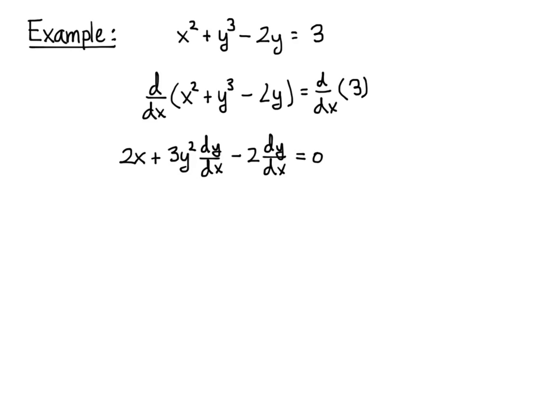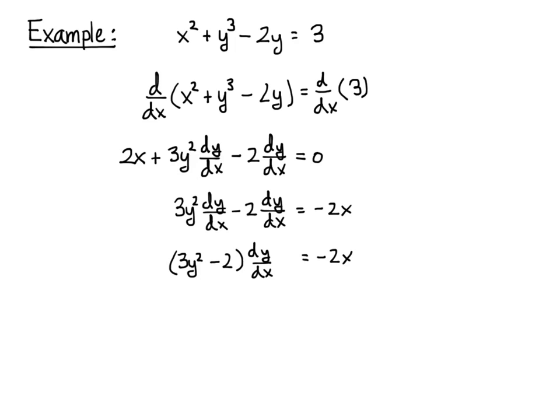And now what I have to do is solve for dy dx. Here's where your algebra skills will come in. First thing I'm going to do is subtract 2x from both sides. Then I'm going to factor out the dy dx and then divide by this expression in parentheses, and we get dy dx equals negative 2x over 3y squared minus 2.